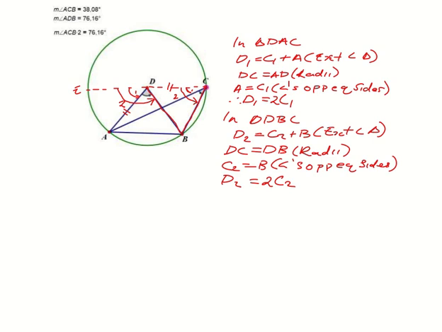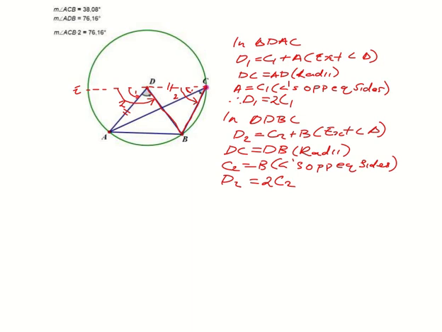Then now we look at the angle at the center, because it's neither D1 nor D2. But to find the angle here, we can take the bigger angle and subtract the smaller angle from it to get the angle at the center.